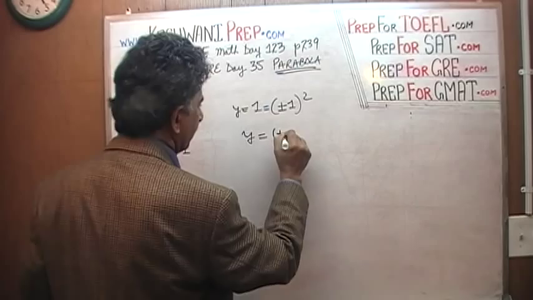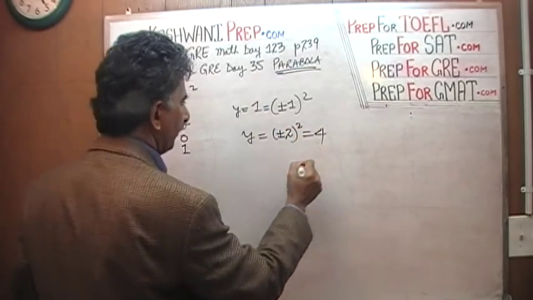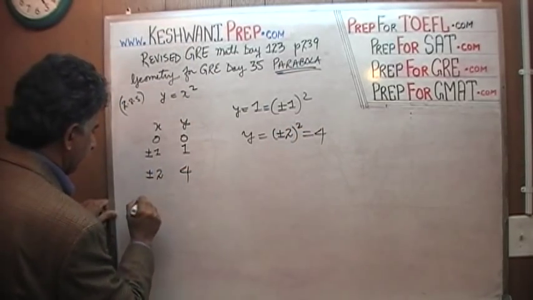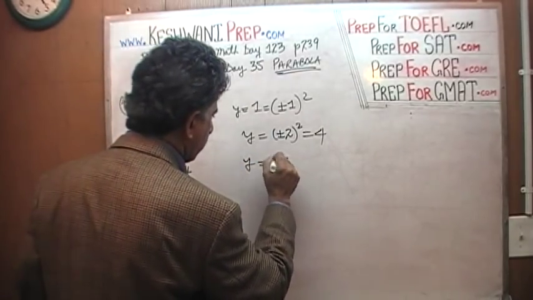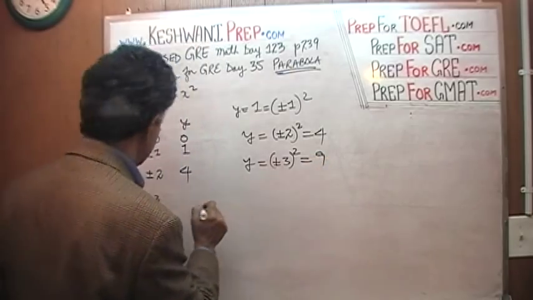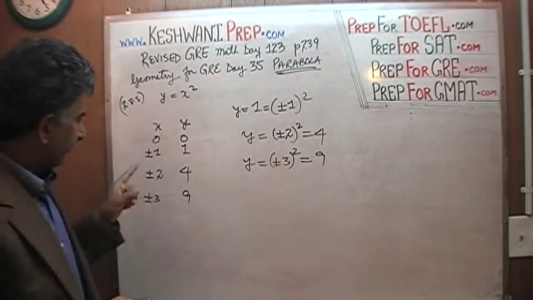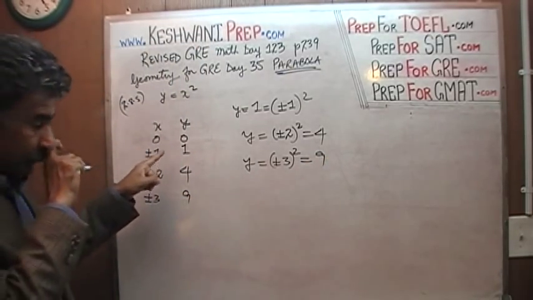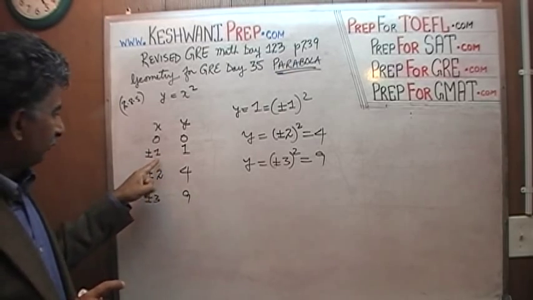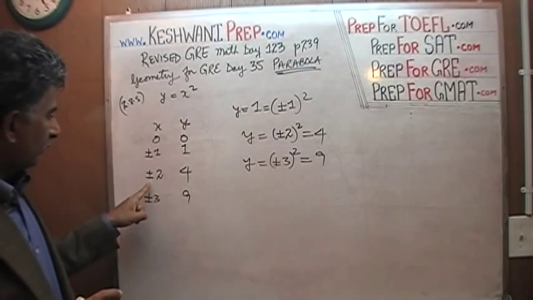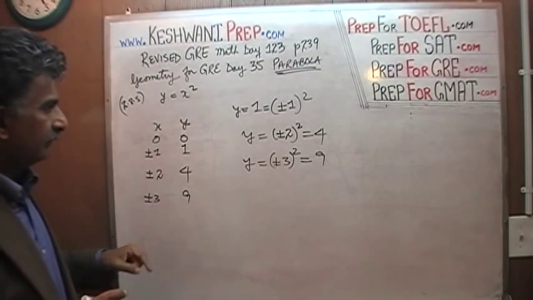When x is positive or negative 2, y is going to be 4. When x is positive or negative 3, y is going to be 9, and so on. As you can see, the values of y are the same on either side of the y-axis. It's symmetric. Let's plot it.